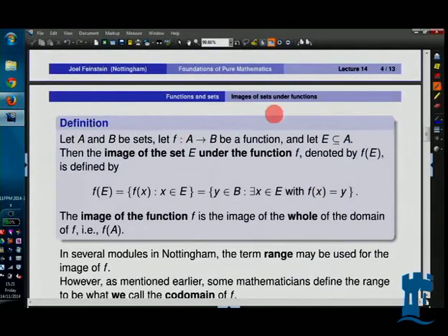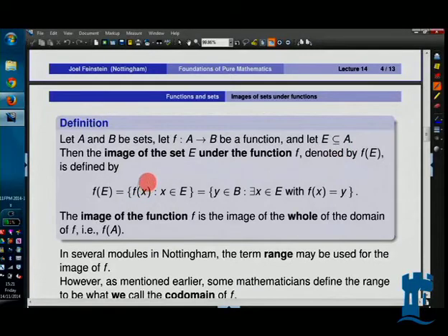And if we want the formal definition, here it is. You take sets A and B, a function f from A to B, and a subset E of A, and then you ask what's the image of the set E under the function f.